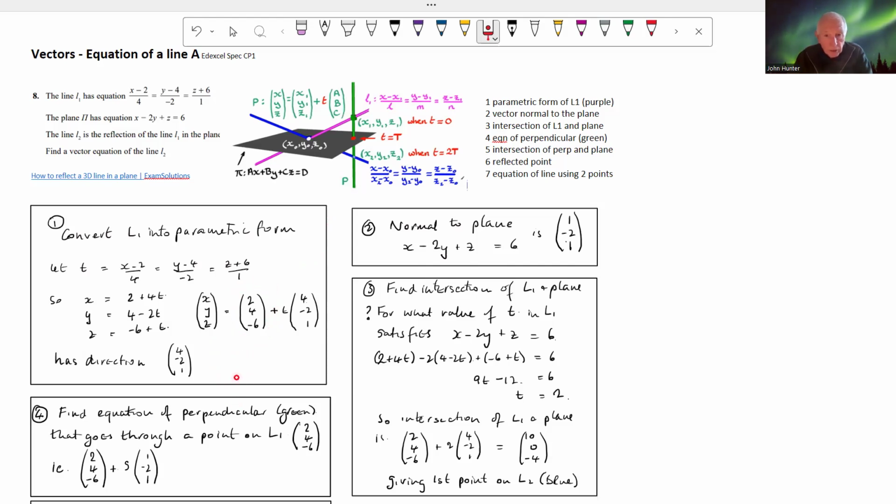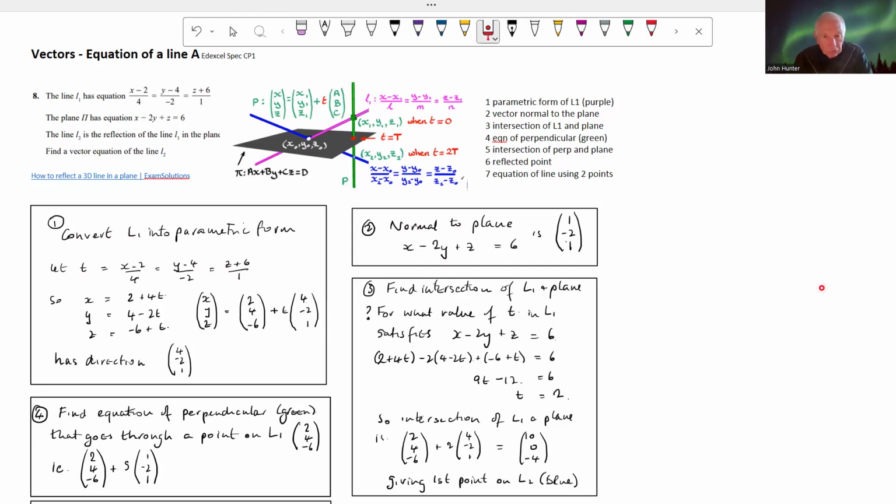We could take others, but let's take that one. Therefore, the parametric form of the green line is going to be that same point plus some other scalar times its direction vector, the direction vector coming from there.